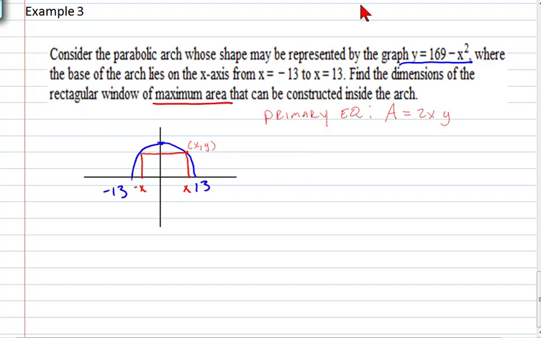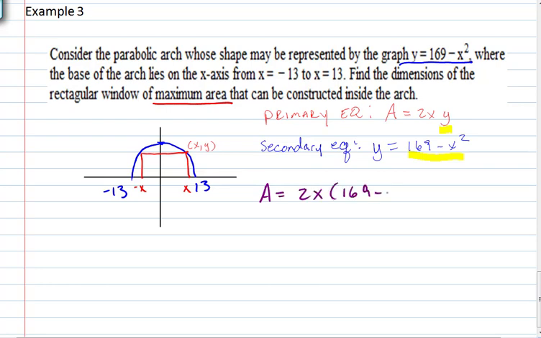Y equals 169 minus x squared, and we're going to plug this in place of y. So that'll give us our equation that we can then differentiate, to find the maximum of 2x times 169 minus x squared.